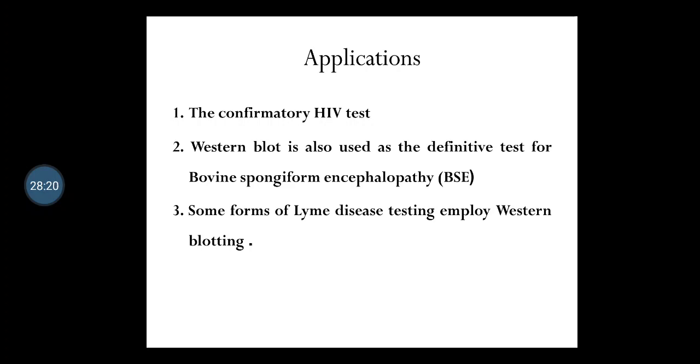I failed to cite here the next technique, that is dot and slot blotting. So I'm going to explain verbally what dot and slot blotting actually is. Dot and slot blotting is used to detect the presence of a given sequence of DNA or RNA in non-fractionated DNA.